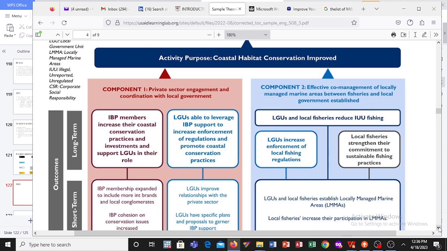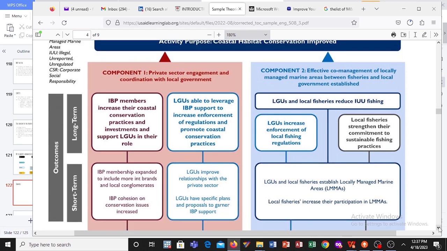And as I said earlier, when you're doing your theory of change, you're looking at the hierarchy of results: the goal, the impacts, the outputs, and the activities. And also you can include your inputs. Looking at this program, it's based on components. So they have component 1 and 2, and they defined short and long-term outcomes.